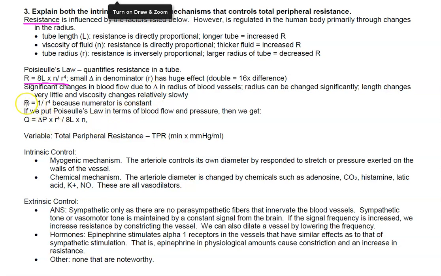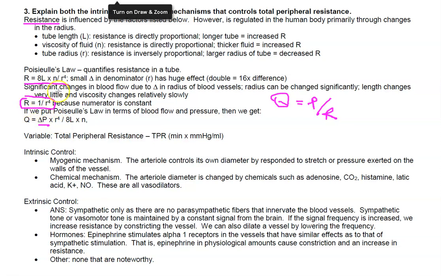So basically, it comes down to this simplified equation: small r for control, big R equals 1 over r to the fourth. Okay? If we put Poiseuille's law into the blood flow and pressure equation, so remember, Q flow equals pressure over resistance. If we look at the flow equation here, there's our pressure.